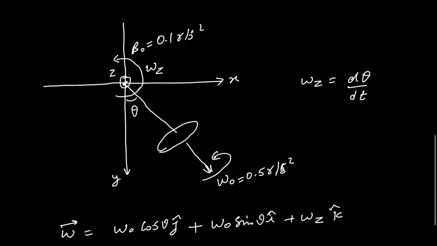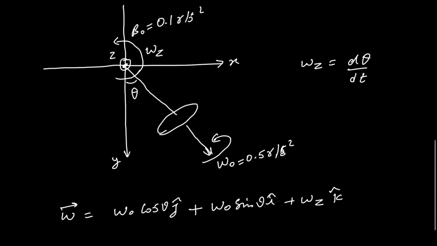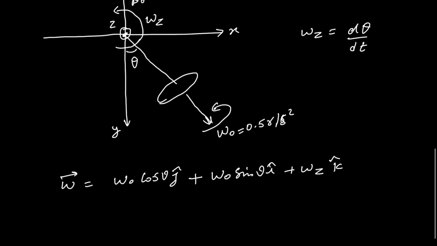Now what is omega z? As the body is rotating along the z axis with angular acceleration beta naught, if you remember the formula for angular velocity, that is omega is equal to omega naught plus alpha t. Here omega represents angular velocity, omega naught represents initial angular velocity, alpha represents angular acceleration.